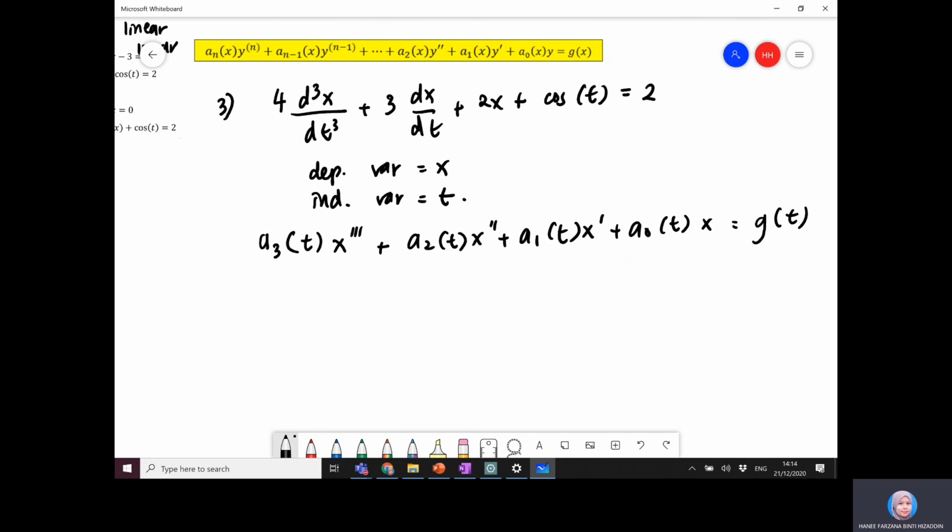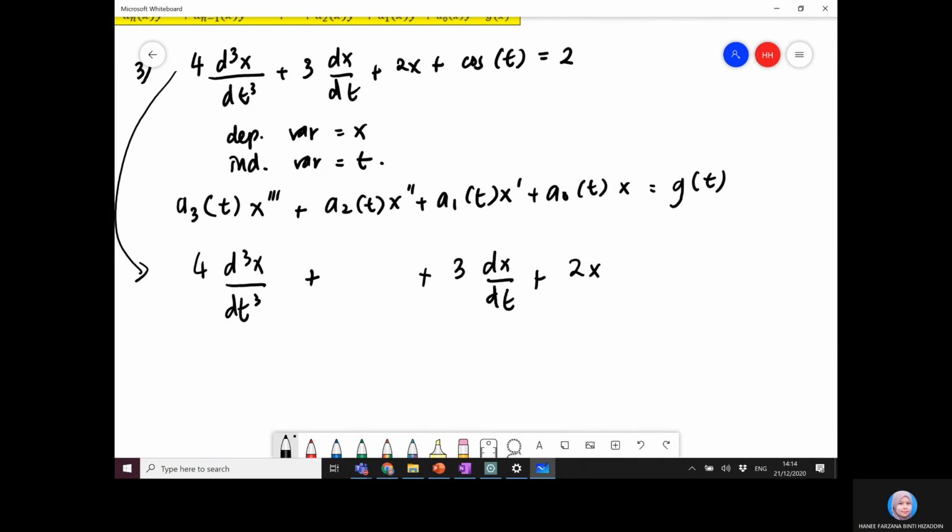Then you want to rewrite this equation such that you can compare with the standard form. So for d3x dt cubed, there's no second derivative, so just put here 3 dx dt plus 2x equal to 2 minus cos t.